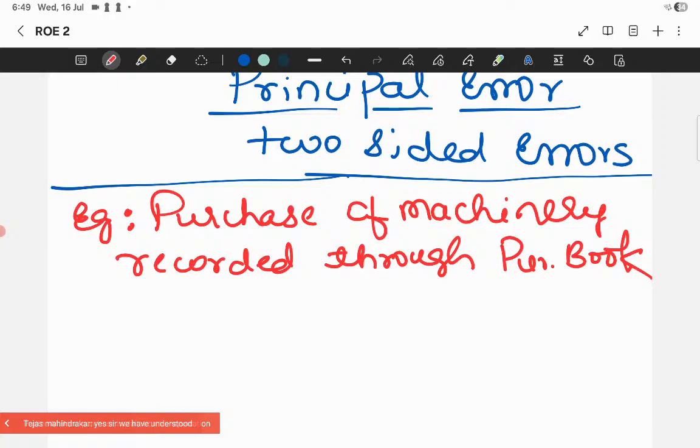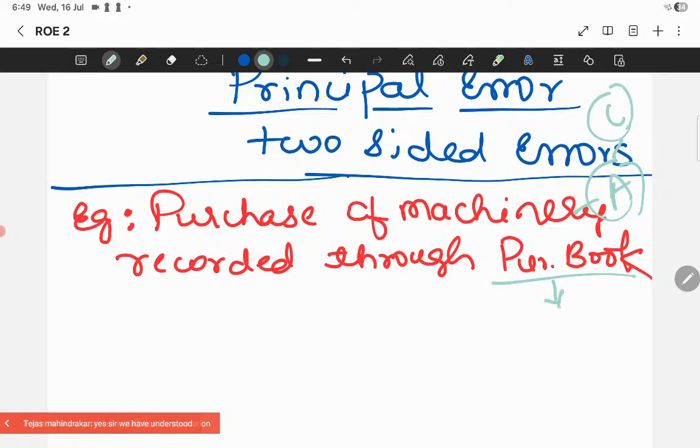Now, let me tell you. First, what is machinery? Machinery is asset. Machinery is asset. And asset means what nature? Capital.